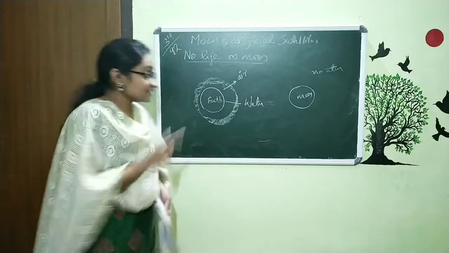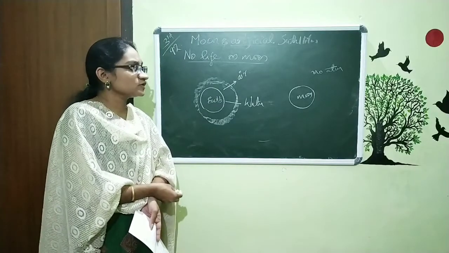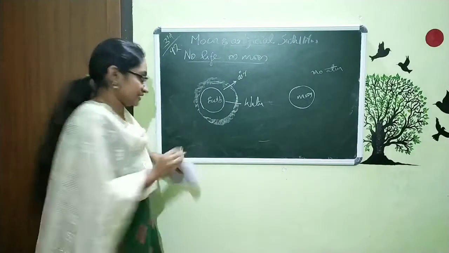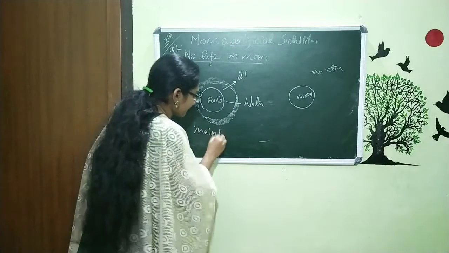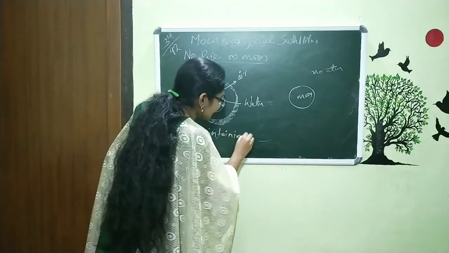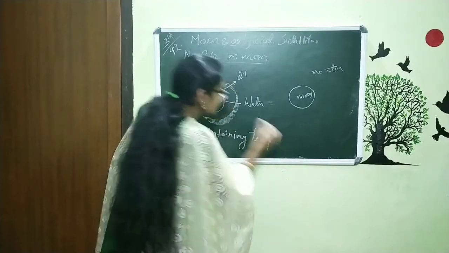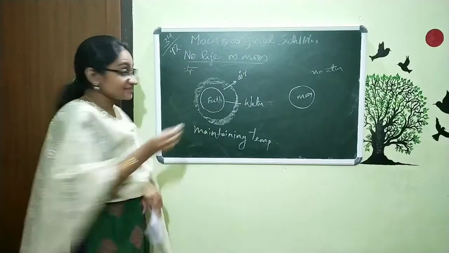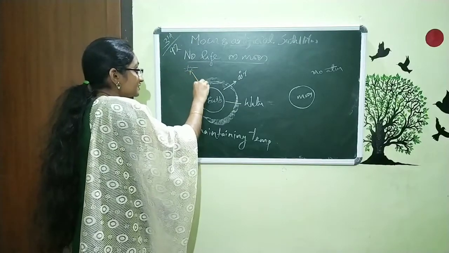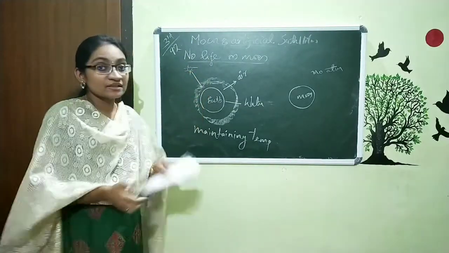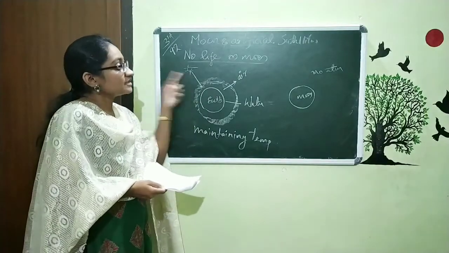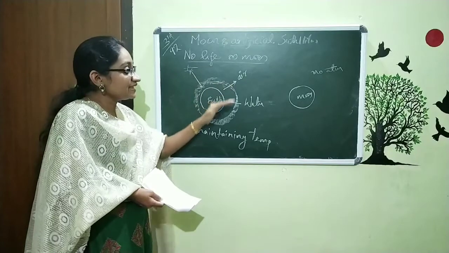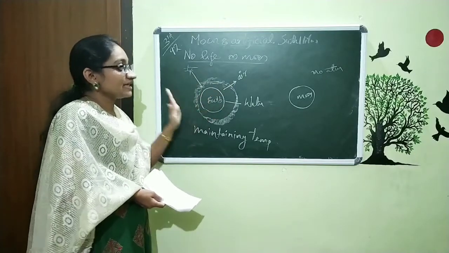And another thing is this, our atmosphere maintains the temperature for the earth. This we already studied. That means the sun is there and the sunlight, that means the heat, comes to our earth's surface, but at daytime the atmosphere absorbs the heat and maintains the temperature at the surface of the earth.